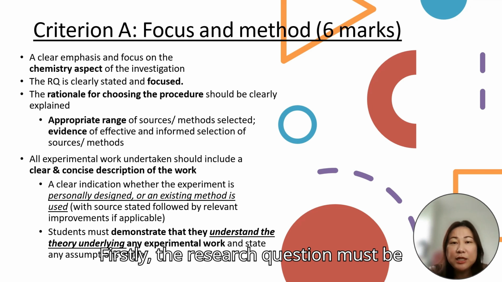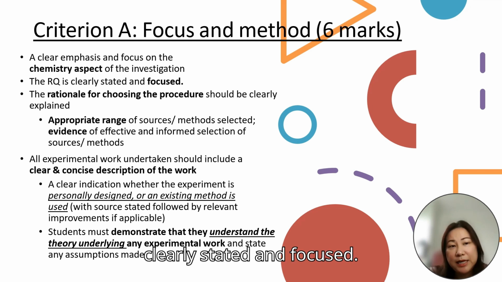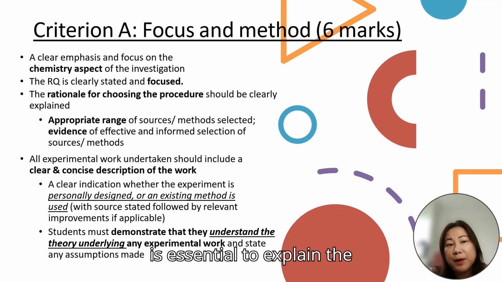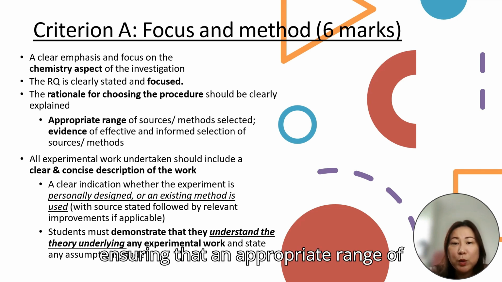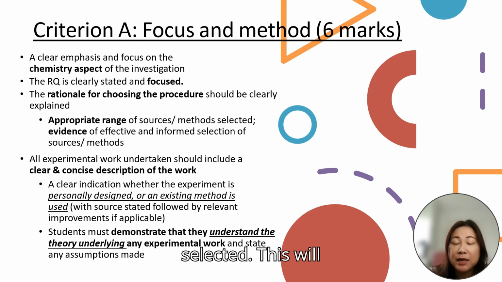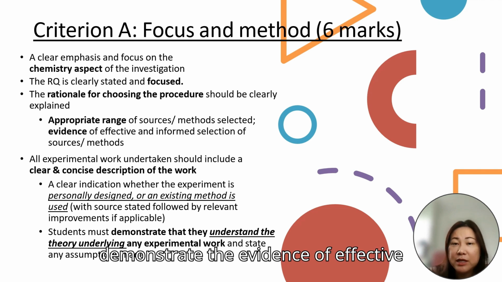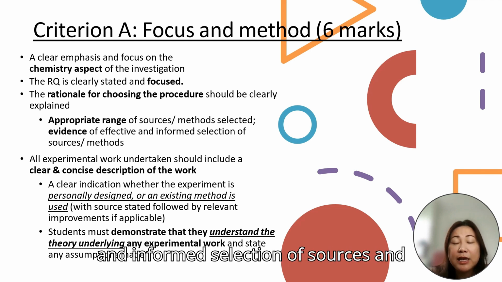Firstly, the research question must be clearly stated and focused. It is essential to explain the rationale for choosing the method, ensuring that an appropriate range of literature sources and methods are selected. This will demonstrate the evidence of effective and informed selection of sources and methods.